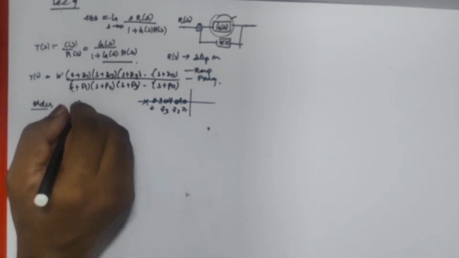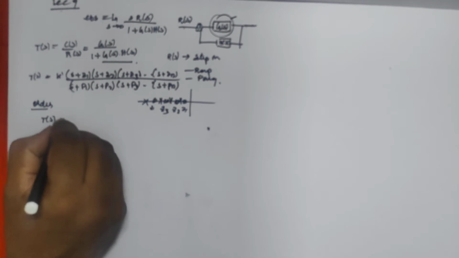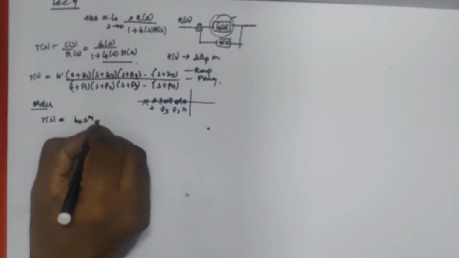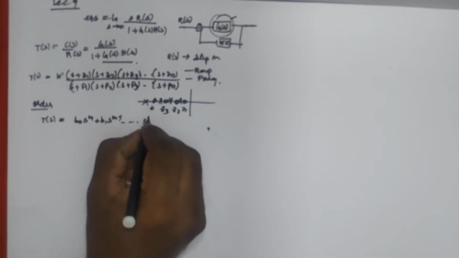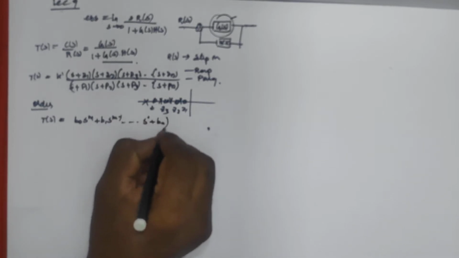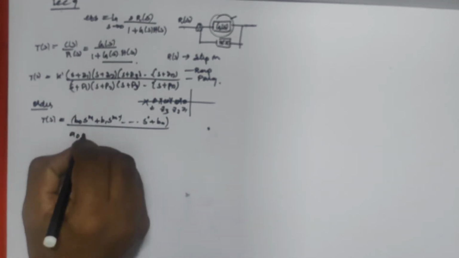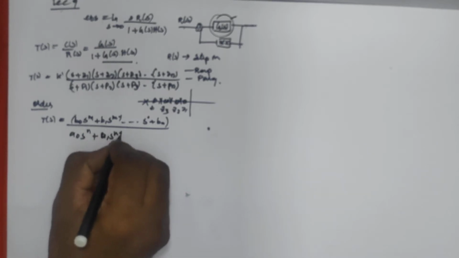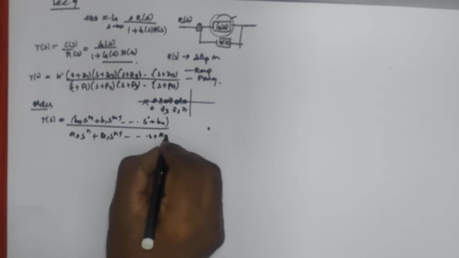So the system can be written like this: T(s) can be written as b0 s power m plus b1 s power m minus 1 and so on up to bn, by a0 s power n plus a1 s power n minus 1 and so on up to an.